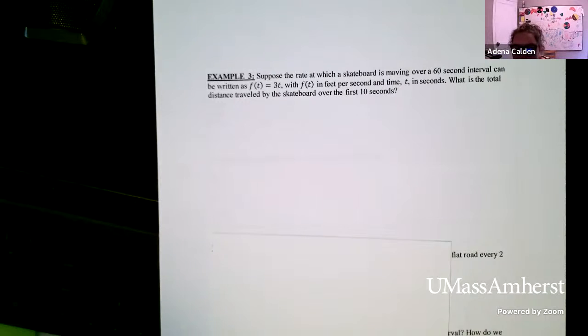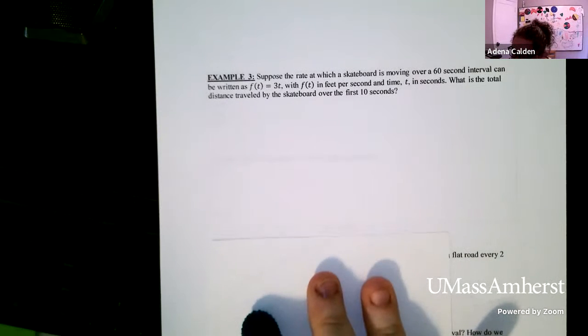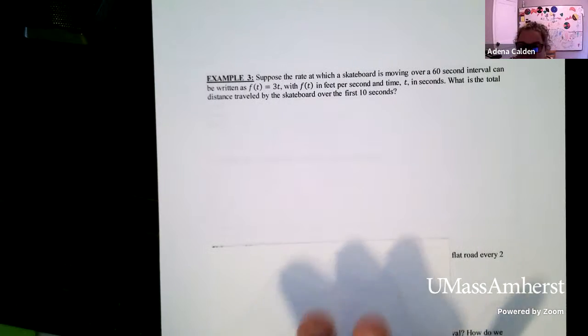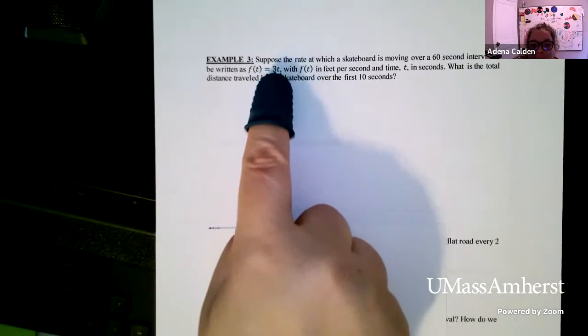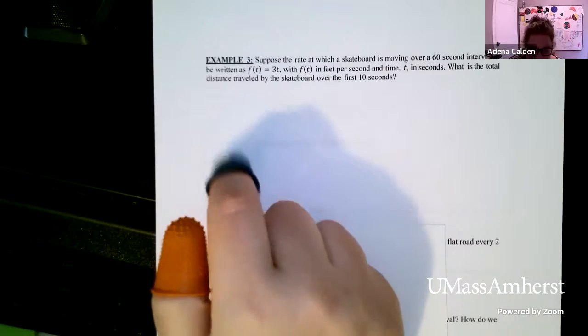So our approach is going to be to graph this function. You're going to draw 3t, and you're going to think about the area between the line and the x-axis and see if you can figure out what that area is. Okay, so I'm going to give you 2 minutes. Again, I want you to graph the rate just like we did before. So we have rate times time, or rate by time.